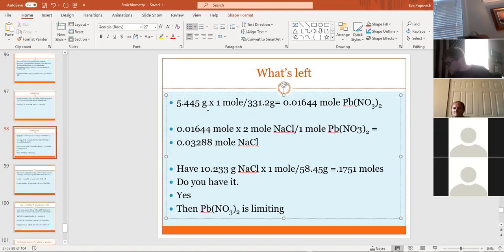What happens if I don't have enough? What happens if I needed 0.1751 moles and I only had 0.03288? If I took my amount of lead nitrate and determined that I would need 0.1751 moles of sodium chloride, and I took my sodium chloride amount and determined that I only had 0.03288, which one would be limiting then?